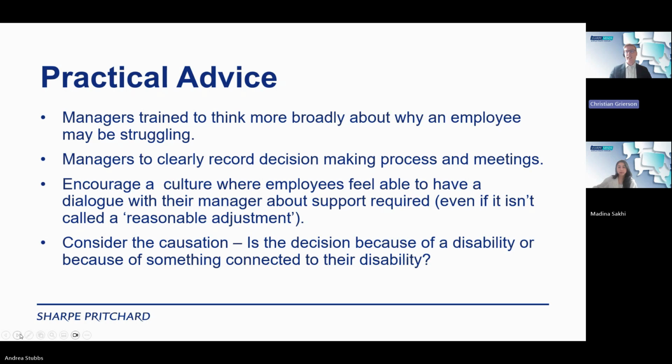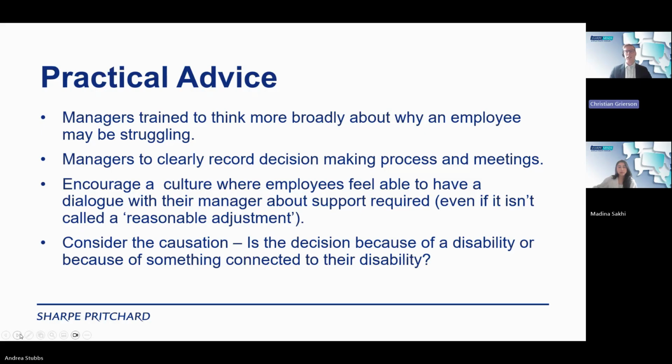The manager is busy and they simply see an underperforming employee. However, because of this risk of a Section 15 claim, I would encourage you within your organizations to ensure that managers have sufficient training to spot and support employees that may have a disability so that you can minimize the risk of a Section 15 claim.